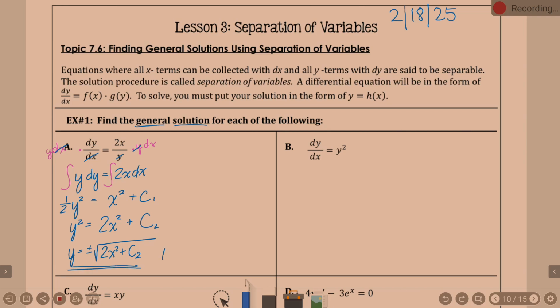The other option for expressing this is that instead of solving for y, we have an x squared and a y squared term. Depending on whether the x squared term and y squared term are added or subtracted would depend if it's a hyperbola or an ellipse. Okay, if you guys remember anything about that from pre-calc.